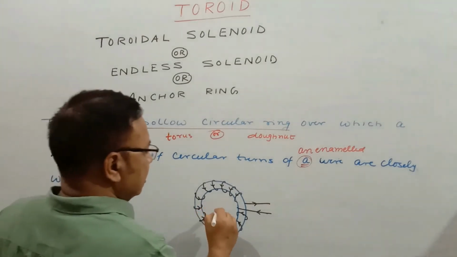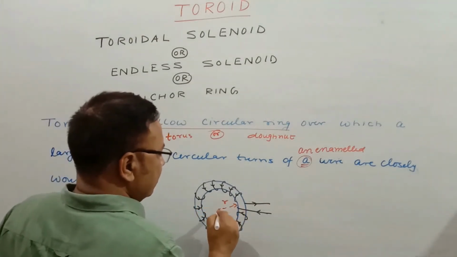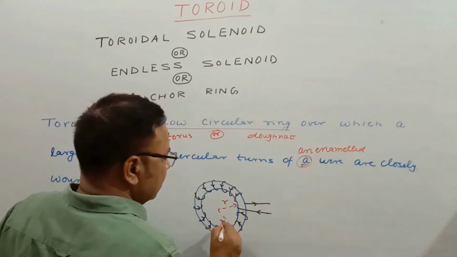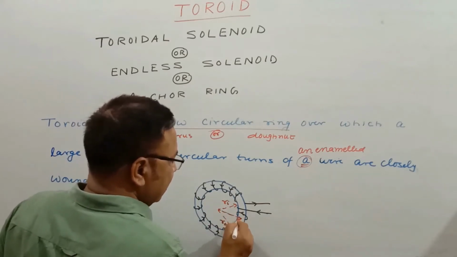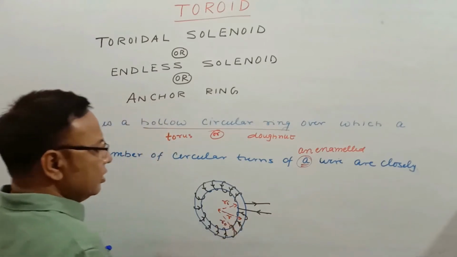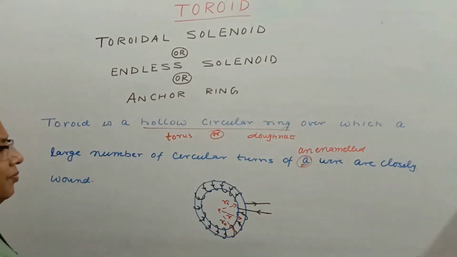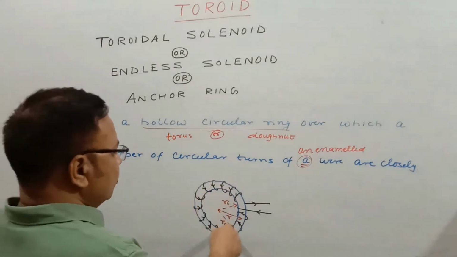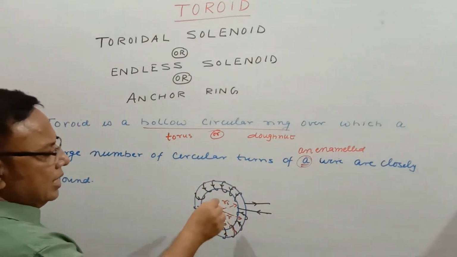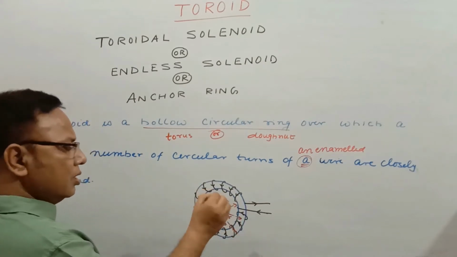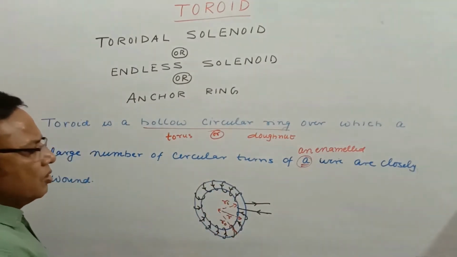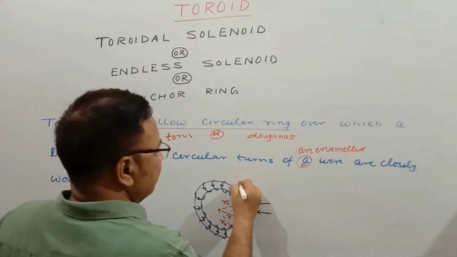Here it has inner radius, say small r or R_I, and outer radius, say R_O. The average radius is somewhere here, say R average or simply R. So all the fields are enclosed within this. As in an ideal solenoid, inside the core the field is uniform and strong, and outside the magnetic field is zero.